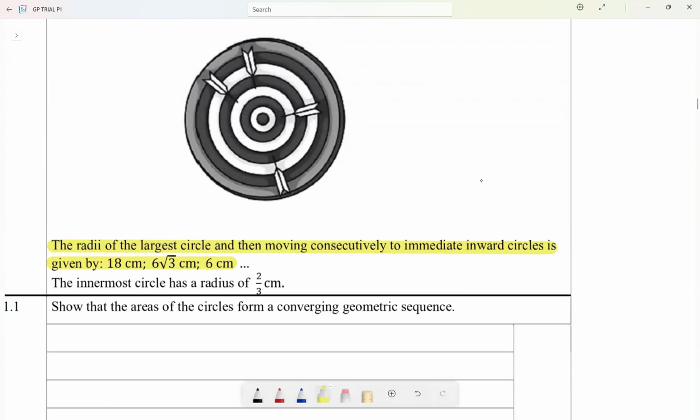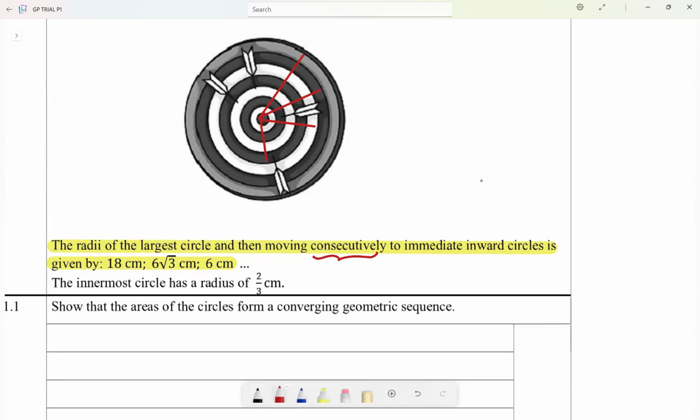They're saying the radius of the largest circle, which is this one, going inwards like that, successively in that order. Remember, as we go inwards, the radius decreases. So they are telling us it is given by this linear pattern.